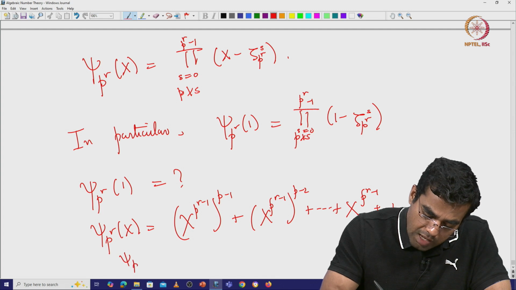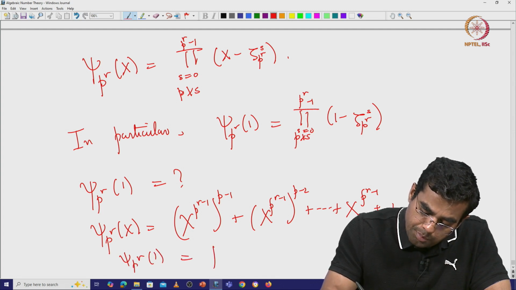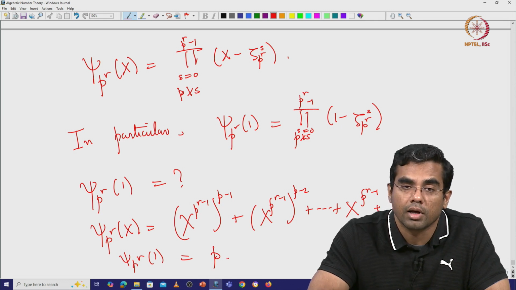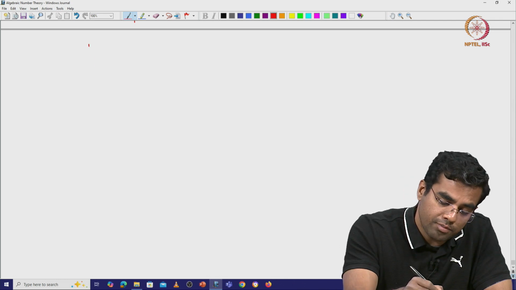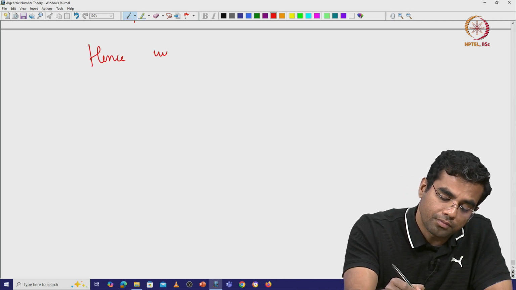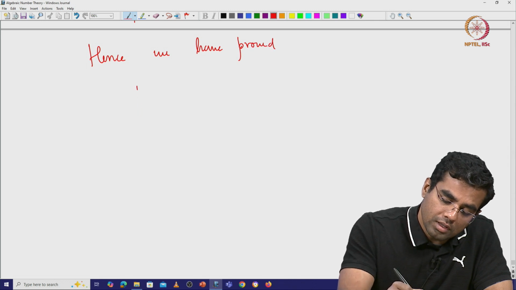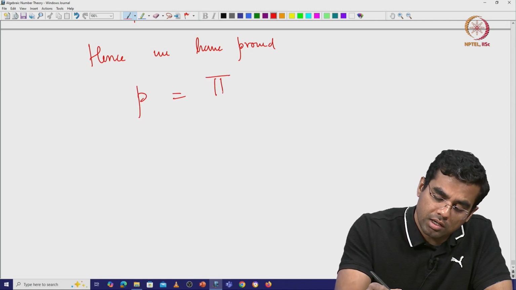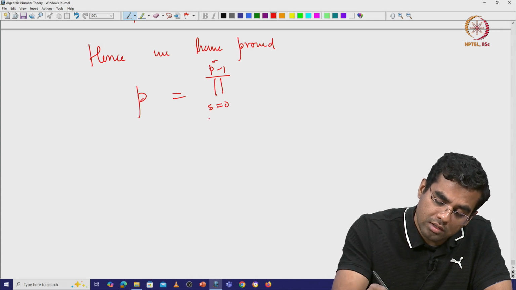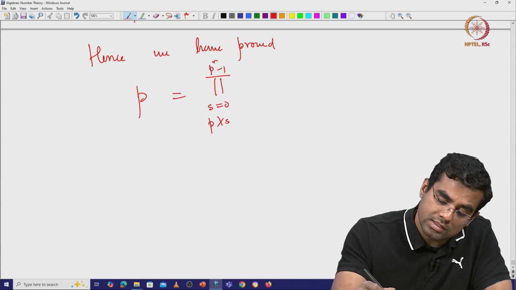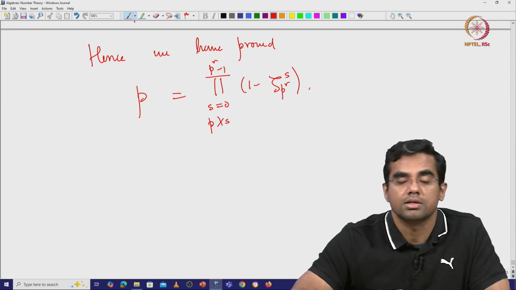So, if I just put x equal to 1 in here, I just get p, right. Okay. So, hence we have proved that p is equal to the product over s going from 0 to p to the r minus 1, p does not divide s, of 1 minus zeta p to the r to the power s.